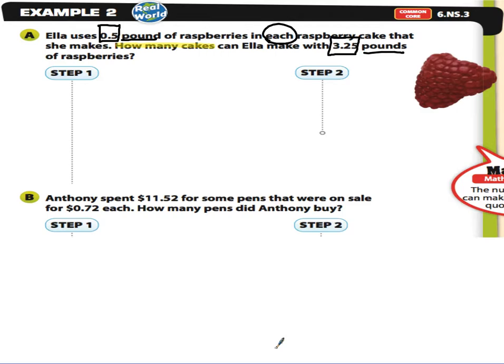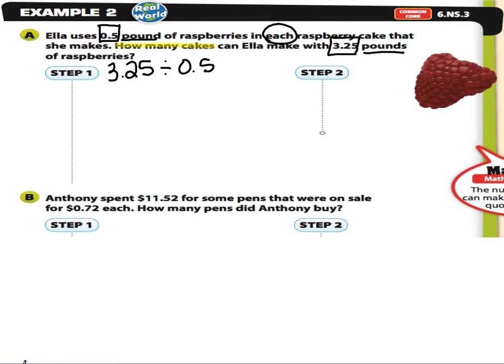So for this problem, I am going to set up my problem, as I usually do, as a division problem, because I know if she has 325/100 pounds, I'm going to put that into groups of 1/2 of a pound to figure out how many cakes she can make, because she needs 1/2 a pound for each.